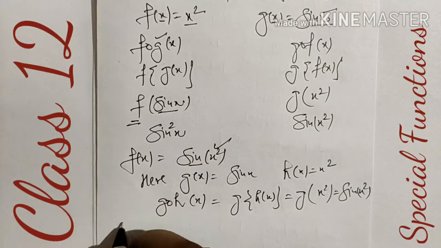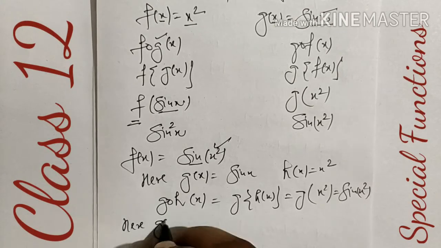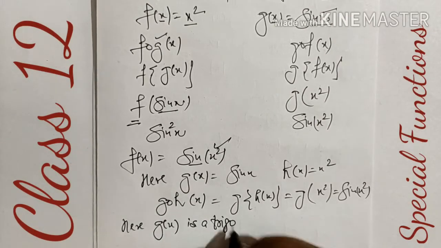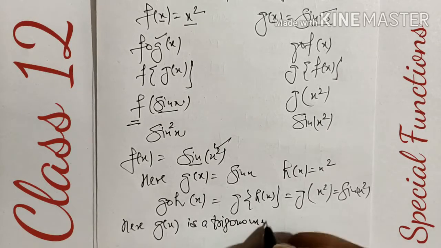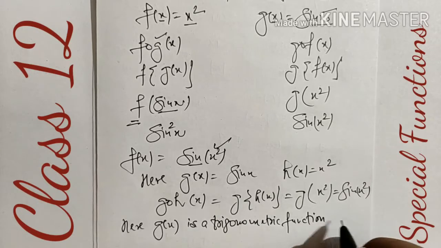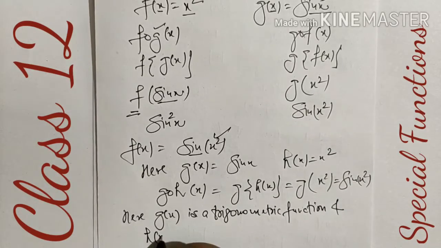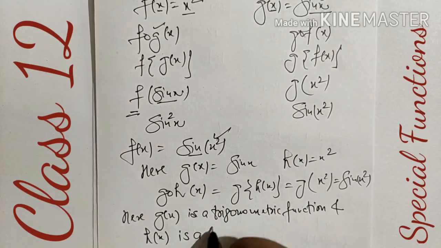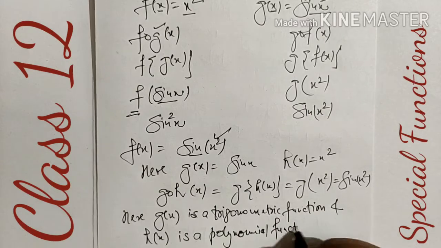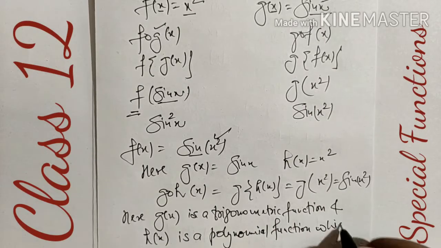We explain it like this. Here g of x is a trigonometric function and h of x is a polynomial function, which are continuous.